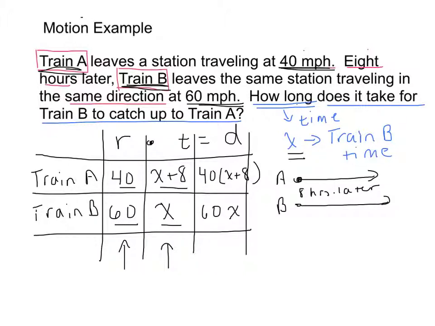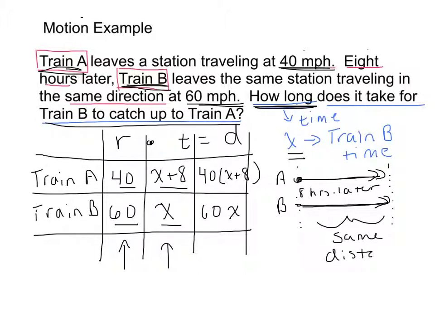Now what I'm interested in figuring out here again is how long does it take for train B to catch up to train A? Well, if train B catches up to train A, and I look at how far they've traveled, they have traveled the same distance.